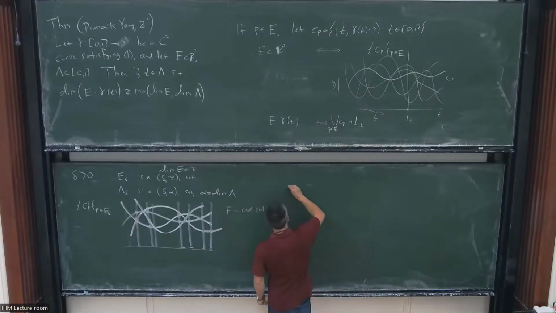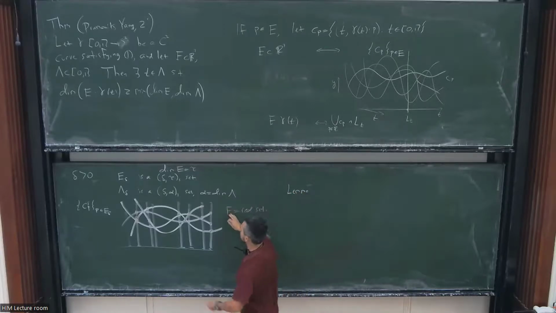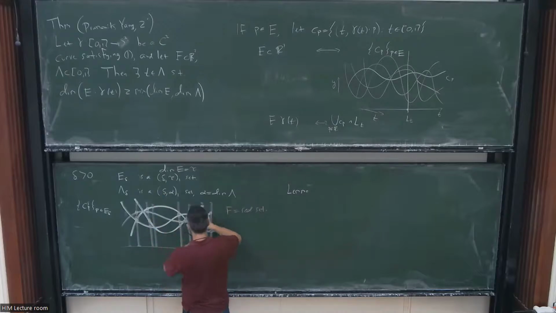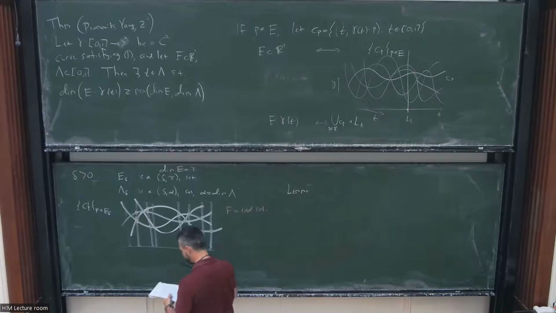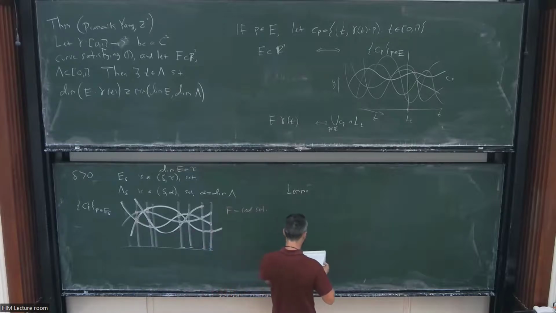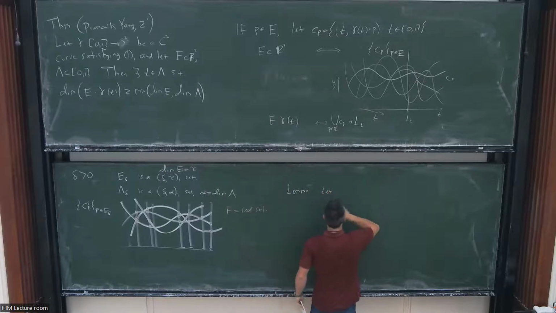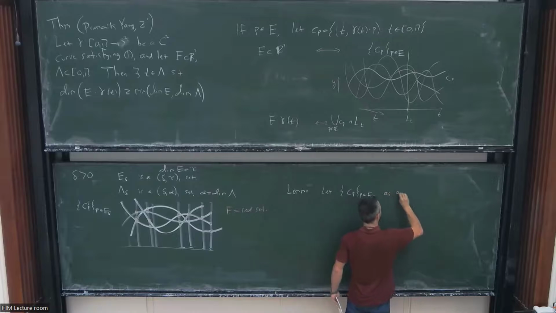Maybe I'll write this as a lemma. So here we have F, some set of this form. Let the set of curves C sub P in E delta be as above.